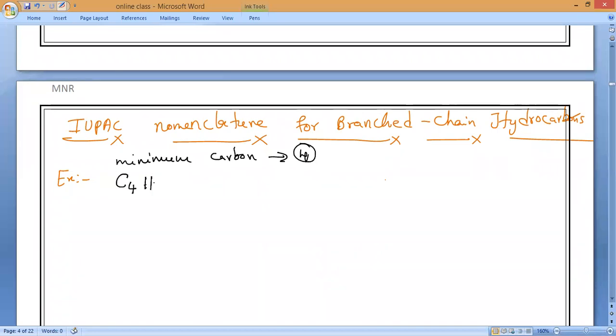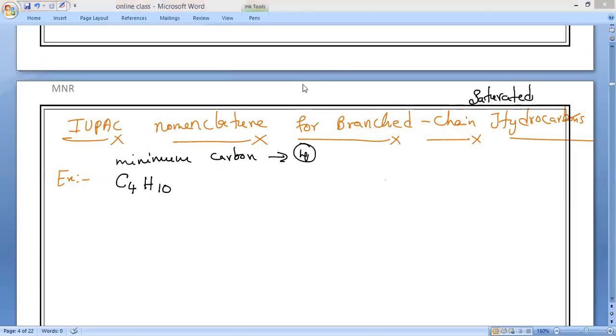The carbon 4 compound we call C4H10. So this is IUPAC nomenclature for branched chains. These are saturated, we are going to write only saturated. Saturated means only single bonds, no double or triple bonds. C4H10 starts from carbon 4 only.